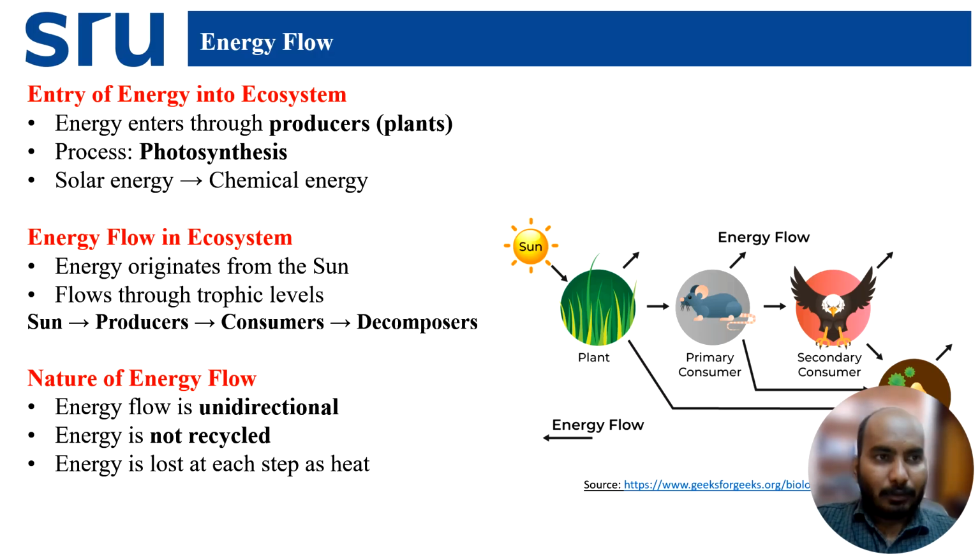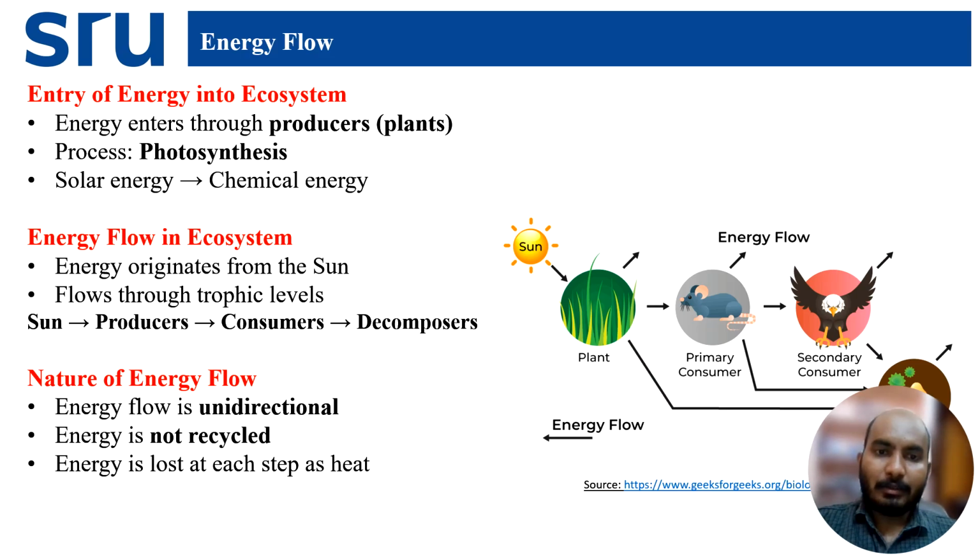In the typical flow chart, the sun is the primary source of energy, which is utilized by the plants. From plants, energy goes to decomposers, or to primary consumers, then to secondary consumers, and then to decomposers.